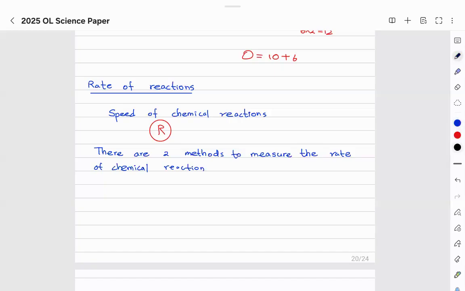First one, what is the first method? We can measure the rate of the reaction by the time taken to liberate equal volumes of gases.